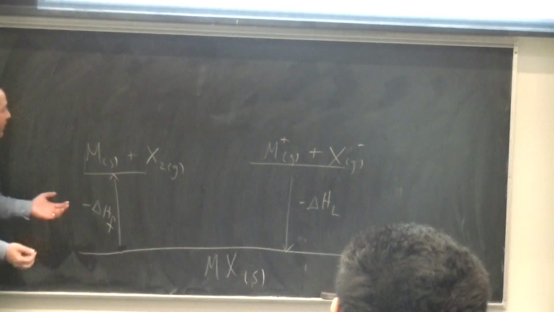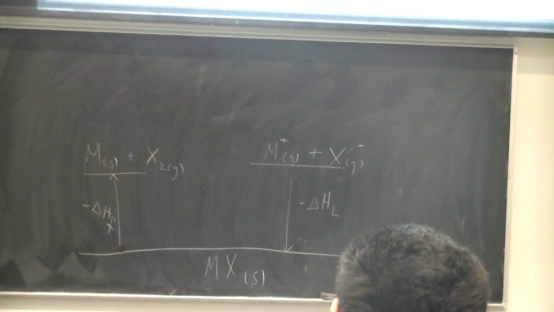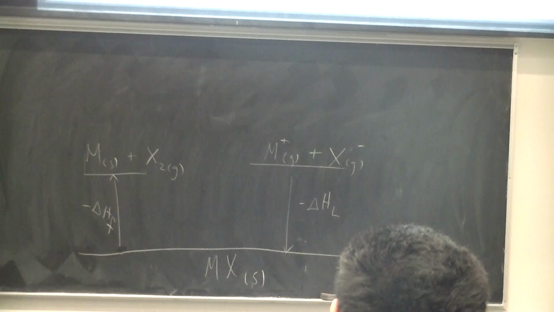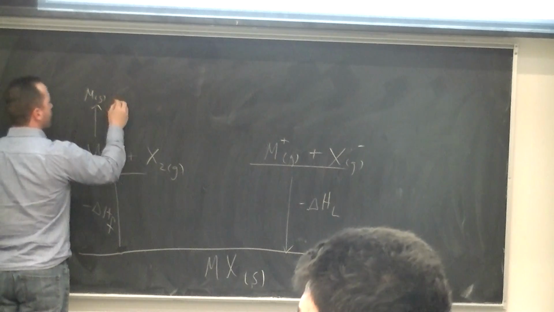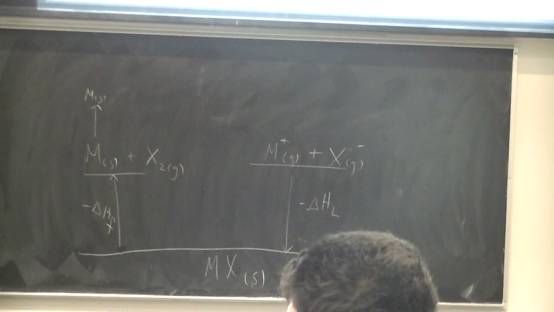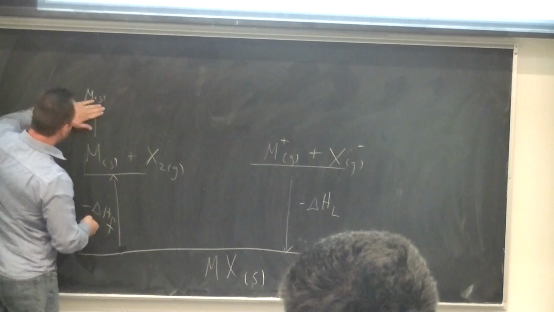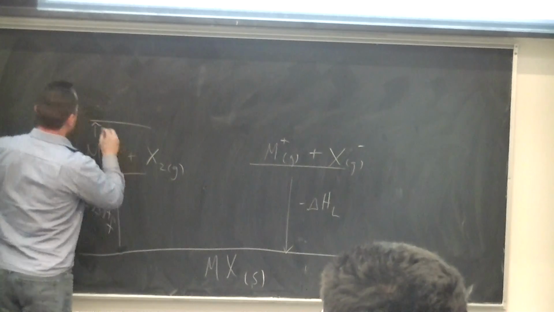So, for example, what is the energy that is necessary to take a solid directly to the gas phase? If I want to do this process, M gas. How do you call that energy? Sublimation enthalpy, right? So I'm going to make this arrow a little bit shorter so I get enough space.